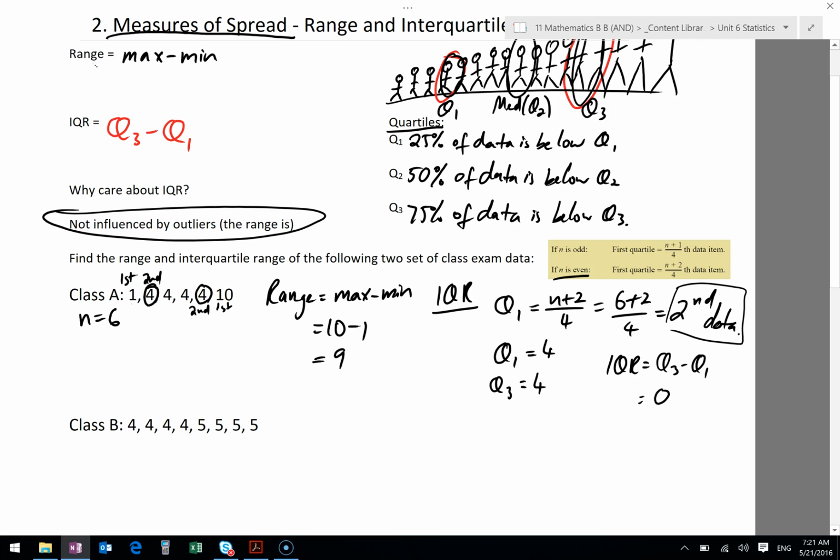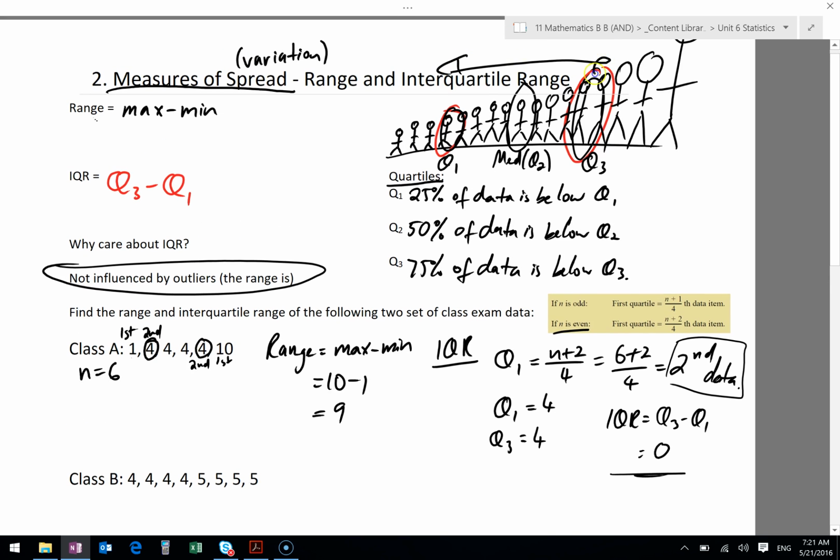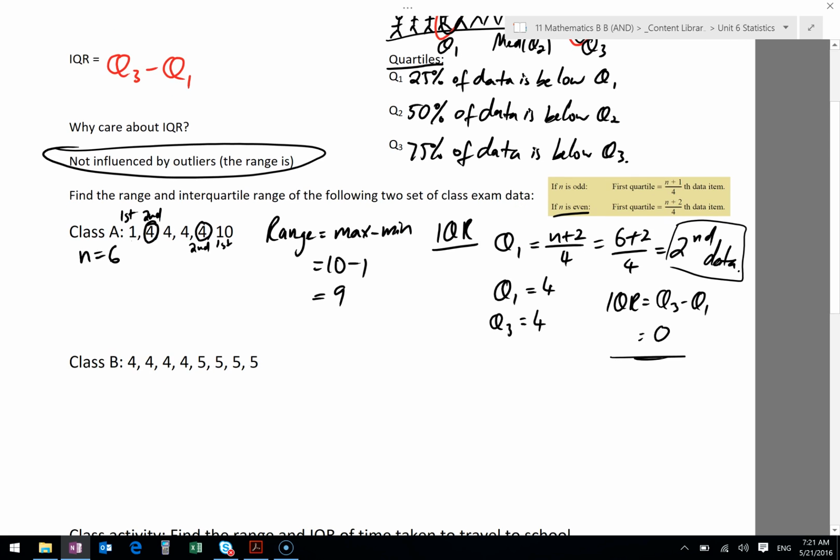Comparing these two statistics, the range was 9, so we've got some extreme values, but if we just look at the middle 50%, getting rid of the smallest 25% and the biggest 25%, we have an interquartile range of 0. So we know that that middle 50% are pretty homogeneous, pretty similar.